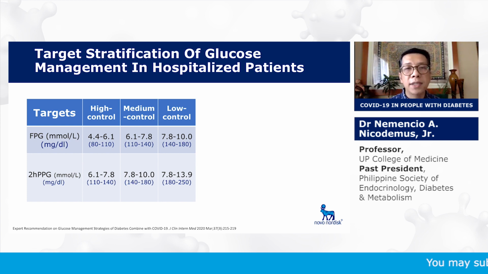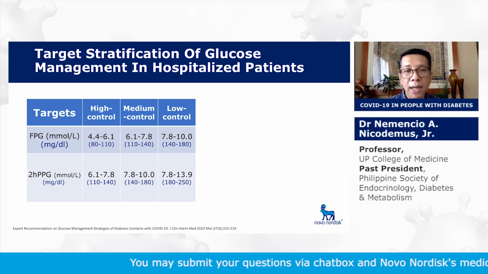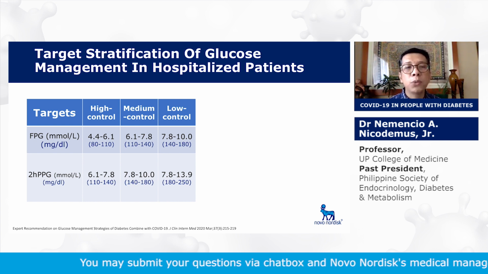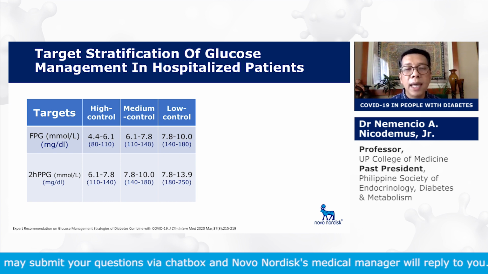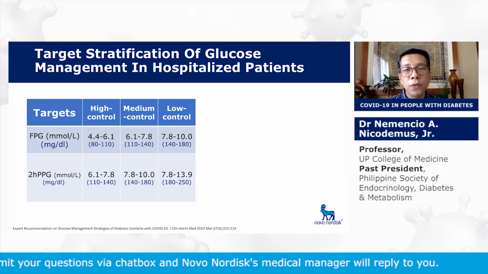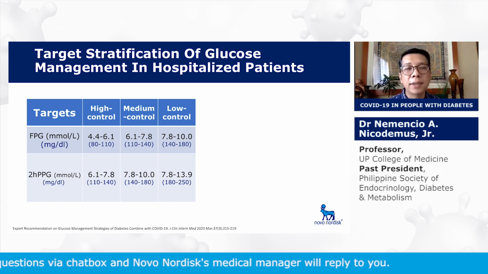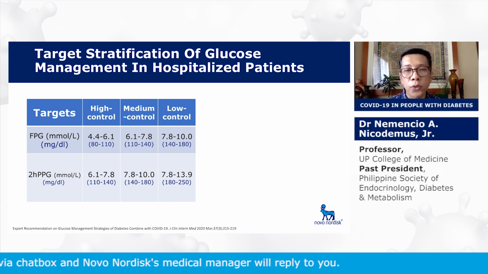For those patients who have severe illnesses with serious cardiovascular and cerebrovascular diseases, you do not want to bring down their blood glucoses to very strict levels. In fact, the target is just between 140 to 180 milligrams per deciliter fasting and between 180 to 250 milligrams per deciliter postprandial blood glucoses.